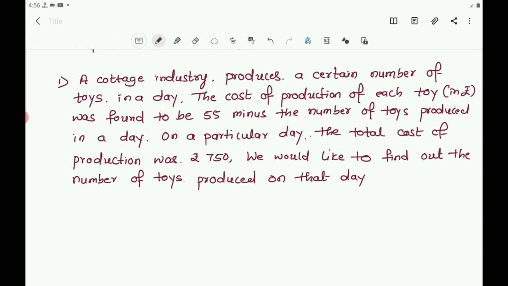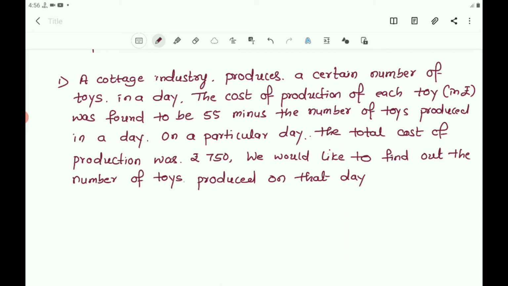The cost of production of each toy, in rupees, was found to be 55 minus the number of toys produced in a day. On a particular day, the total cost of production was rupees 750. We would like to find out the number of toys produced on that day.